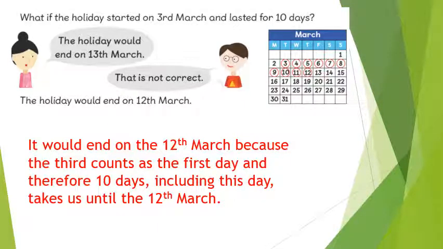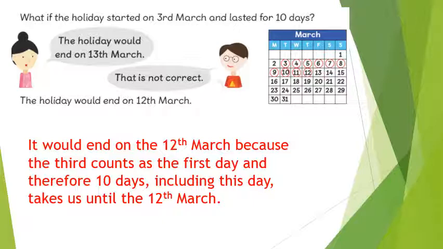Okay, what did you come up with? So here I've put that it would end on the 12th of March because the 3rd counts as the first day, and therefore 10 days including that day takes you until the 12th of March.